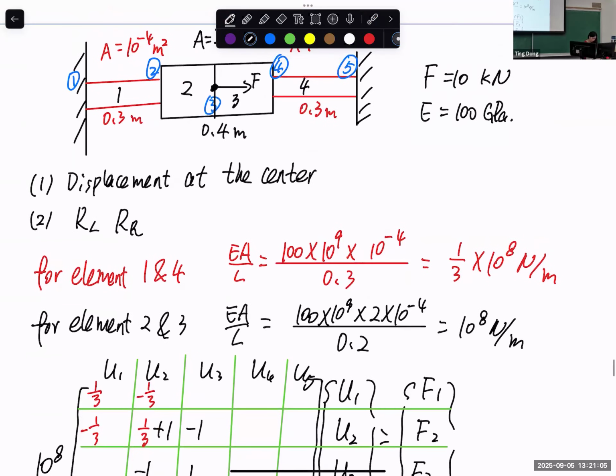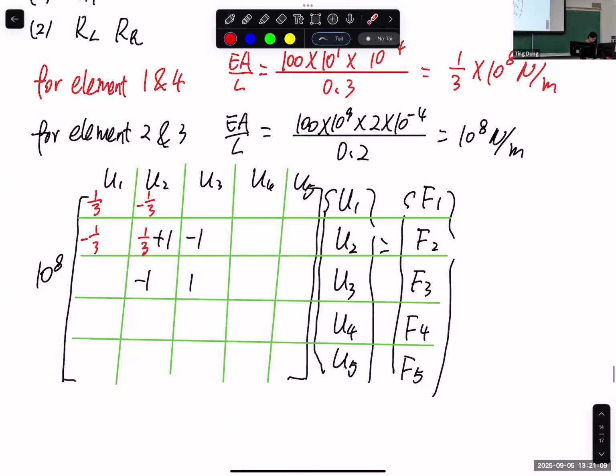Similarly, element 3 is connected to node 3 and node 4, so it should be these 4 components. Again, we have +1, -1, -1, +1.